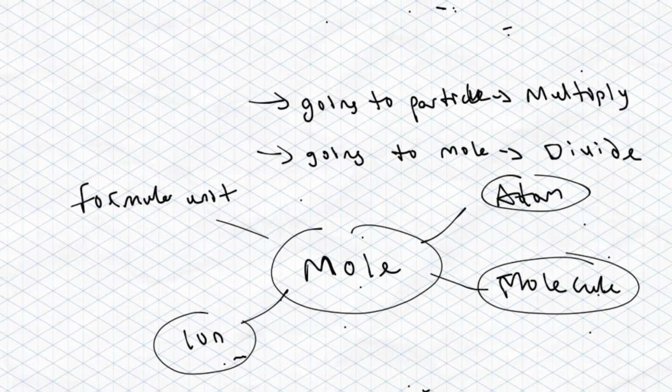It's just a base, it's just a standard. So you can convert from mole to any other. But if you are moving from mole outward like this, what are you going to do? Remember PM. If you are going from mole outward, you are going to divide.